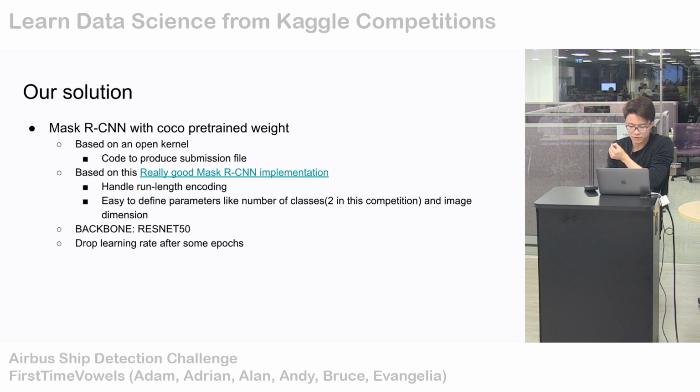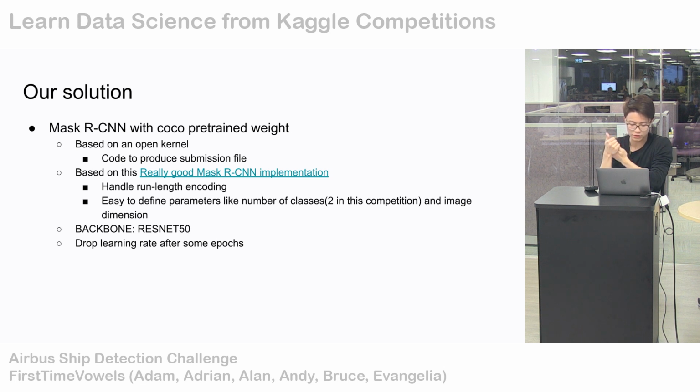It's based on a really good open source Mask R-CNN implementation, and it will handle things like how you do the run length encoding and decoding. It will let you define the number of classes, so in our case it would be just 2 classes. It also lets you define the image dimension, and it will resize it for you.